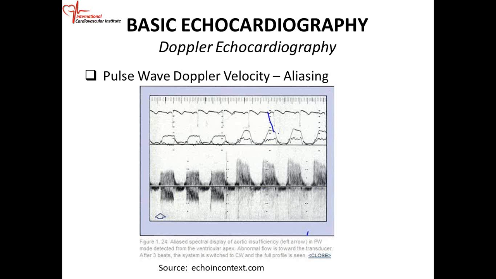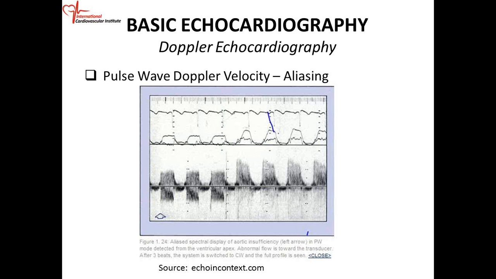Normal flow is when the left ventricle contracts, and blood flows across the left ventricular outflow tract, across the aortic valve and into the ascending aorta. If you have aortic insufficiency, then in diastole blood flows back across the aortic valve into the left ventricular outflow tract and into the left ventricle. And it's usually a high flow. Aortic insufficiency is a diastolic flow.